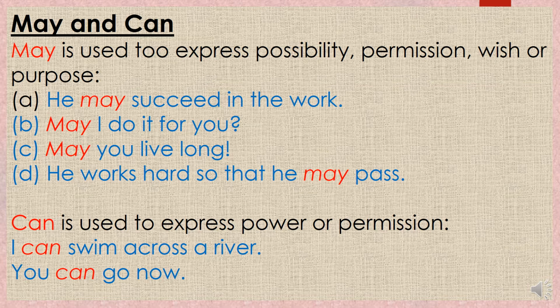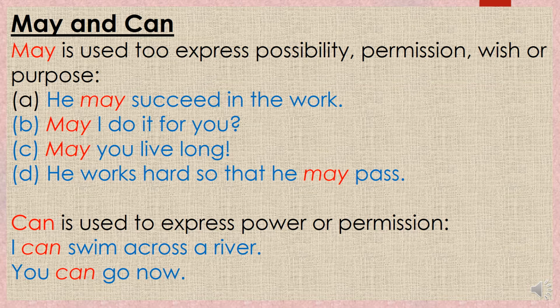Now see, can is used to express power or permission. I can swim across a river. You're showing your power, that you're so powerful that you can swim across a river. Now see the second sentence for permission.